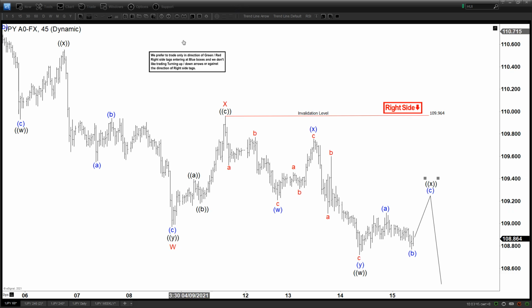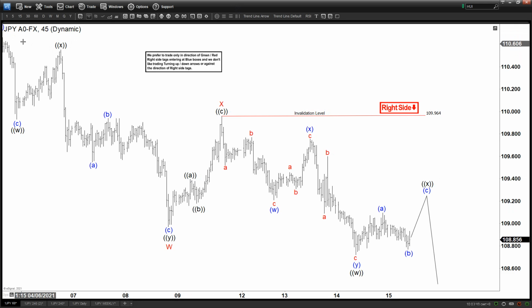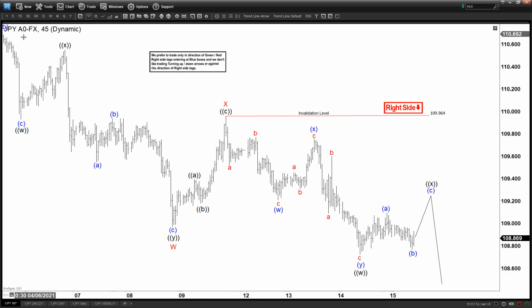Today we are going to take a look at the US dollar yen. This is a 45 minute chart right here. We can see the pair is pulling back in the form of a WXY, a double 3 structure. The W here is in the form of another WXY in the lower degree, and the Y in the red degree is in progress now as another WXY.